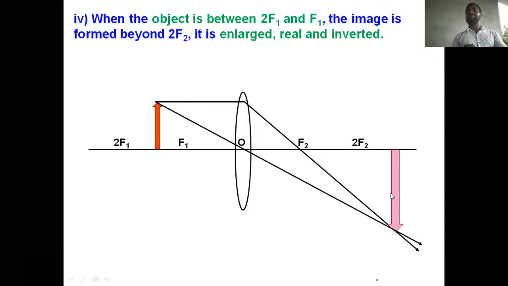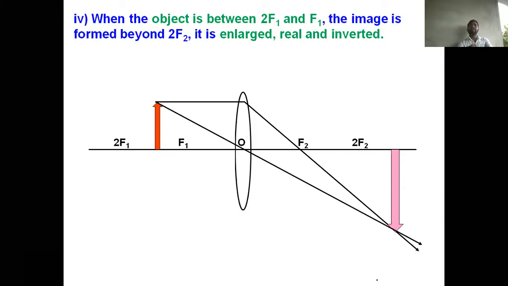Now tell me what is the position of the image. If you keep the object between 2f1 and f1, the image is formed beyond 2f2, far away from 2f2. And what about the nature of the image? Comparing the two, the size of the image is greater than the size of the object.